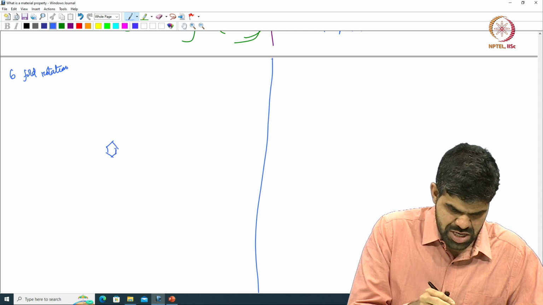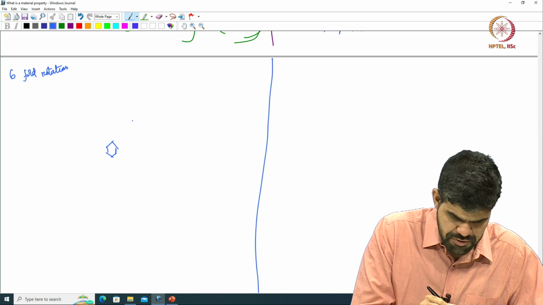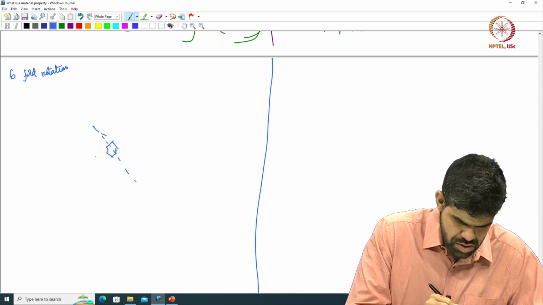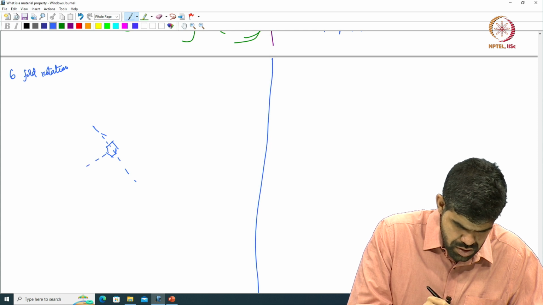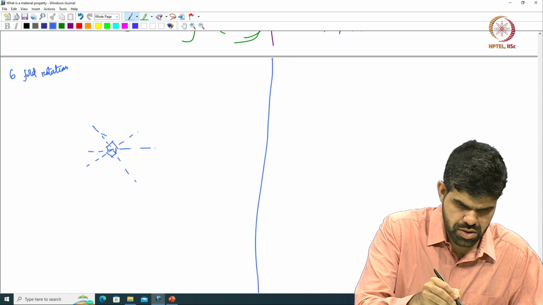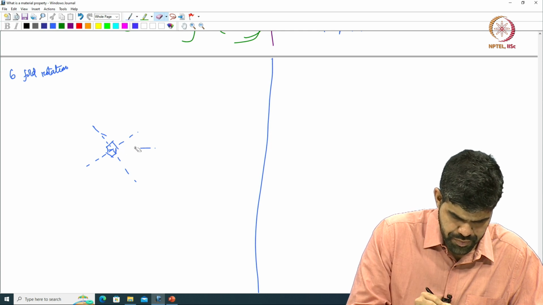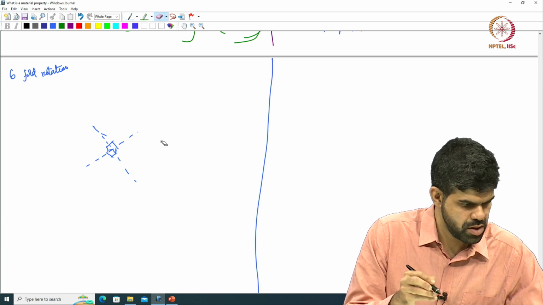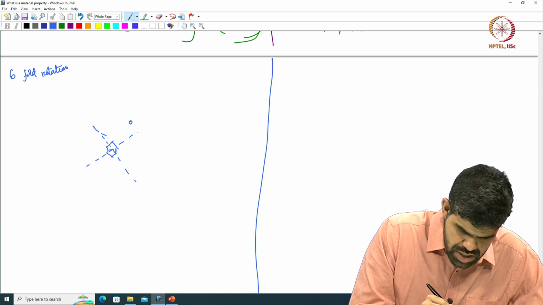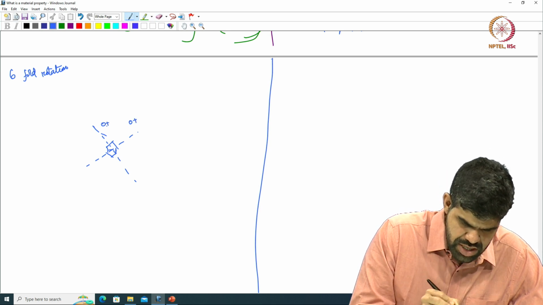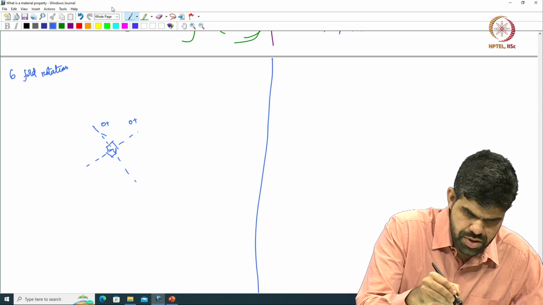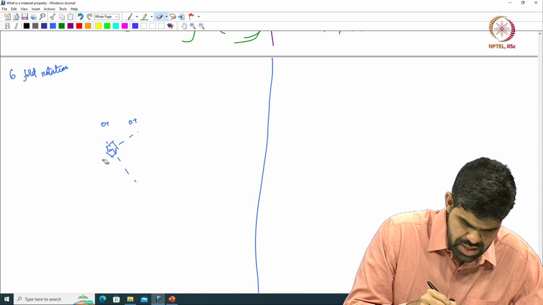Right. And with respect to that, if I have a point here, so let me actually draw. Yeah. So if I have a point here, I should have a point again at 60 degrees, again at 120, and so on. It forms a hexagon essentially. Right.